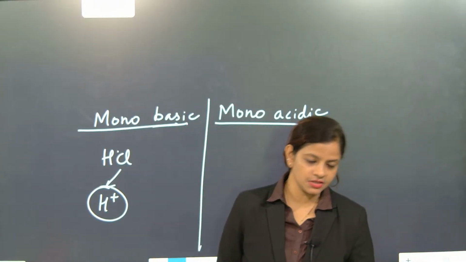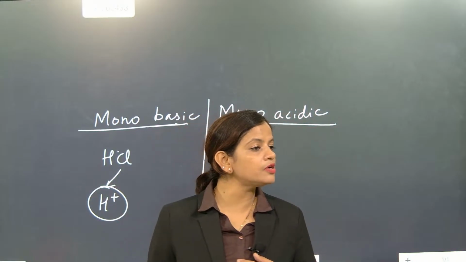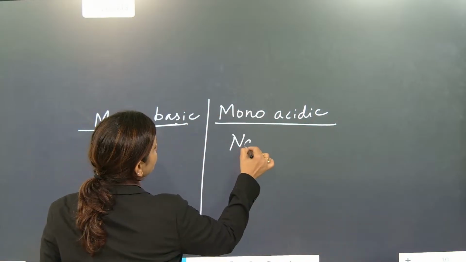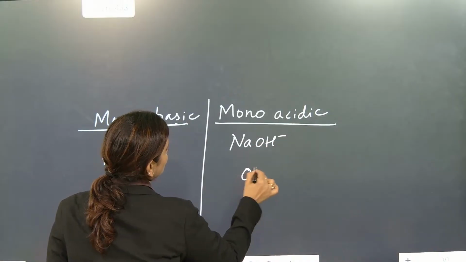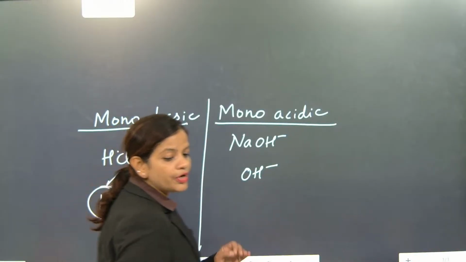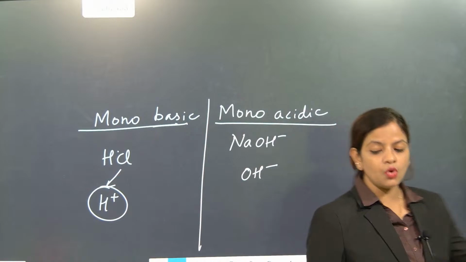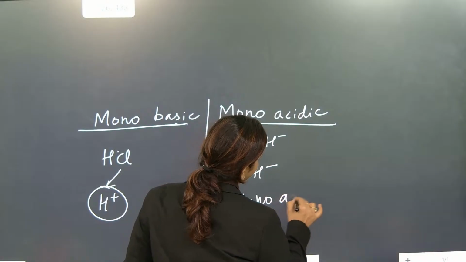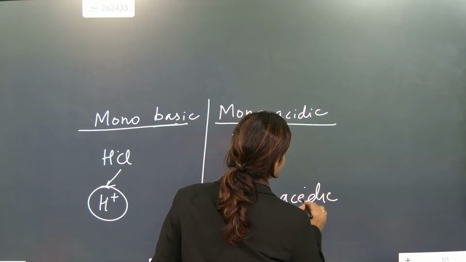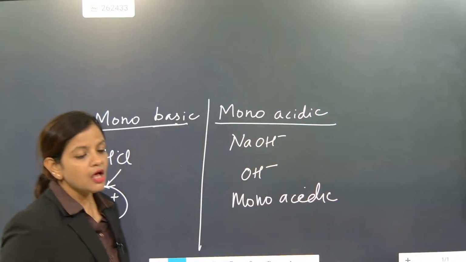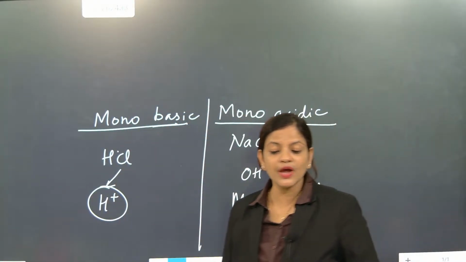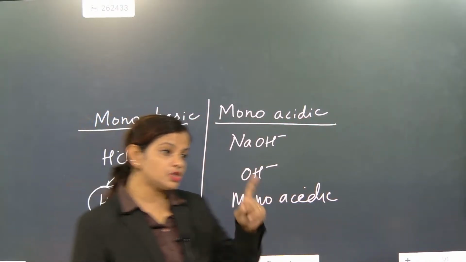This is exactly considered monobasic. Understood? Now sodium hydroxide will release OH minus. When sodium hydroxide releases OH minus, what is it called? Monoacidic. Understood the difference? Monobasic means we are talking about acid. Monoacidic means we are talking about base. That's the most important.